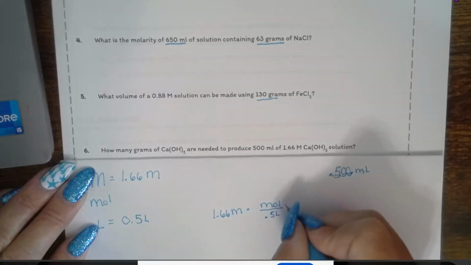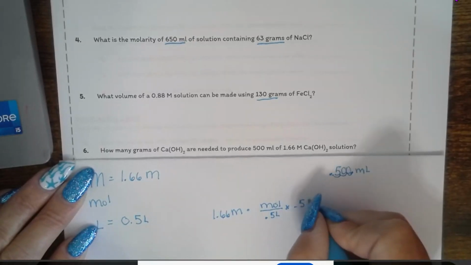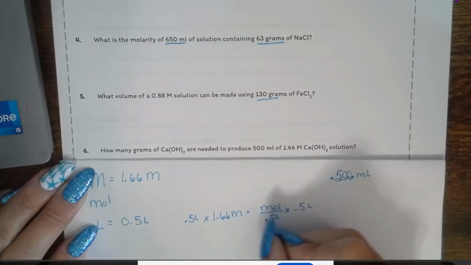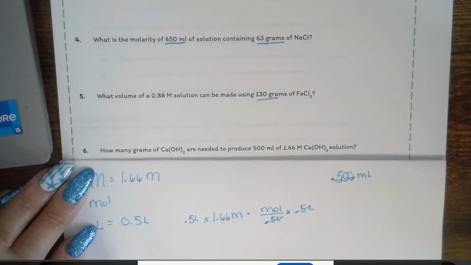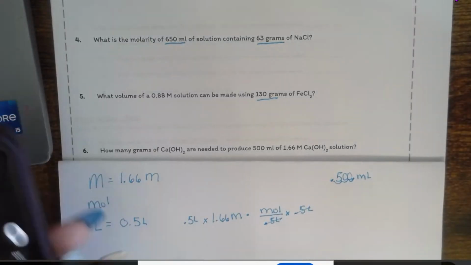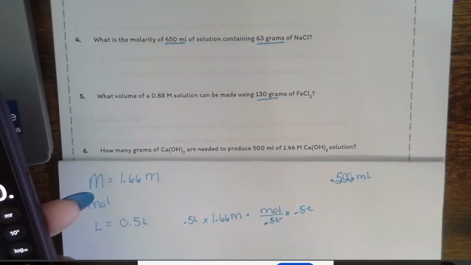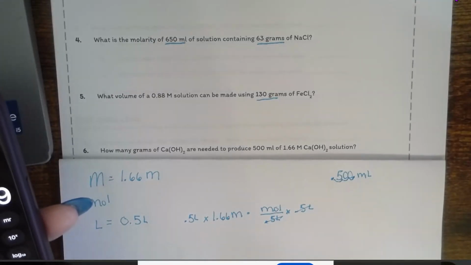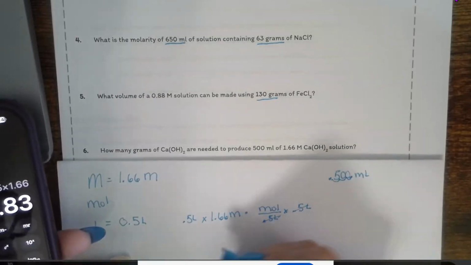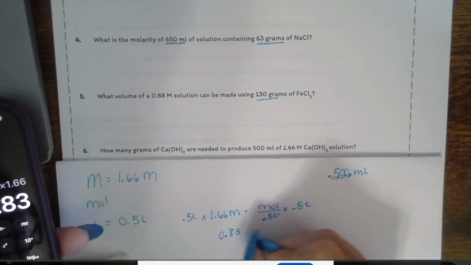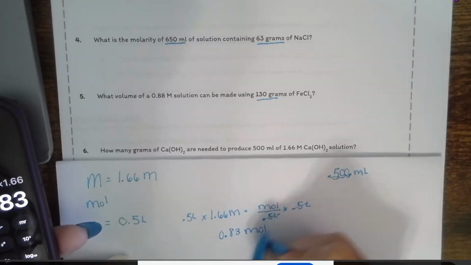So if I multiply both sides by 0.5, liters will cancel out. If I do 0.5 times 1.66, I get 0.83 moles.